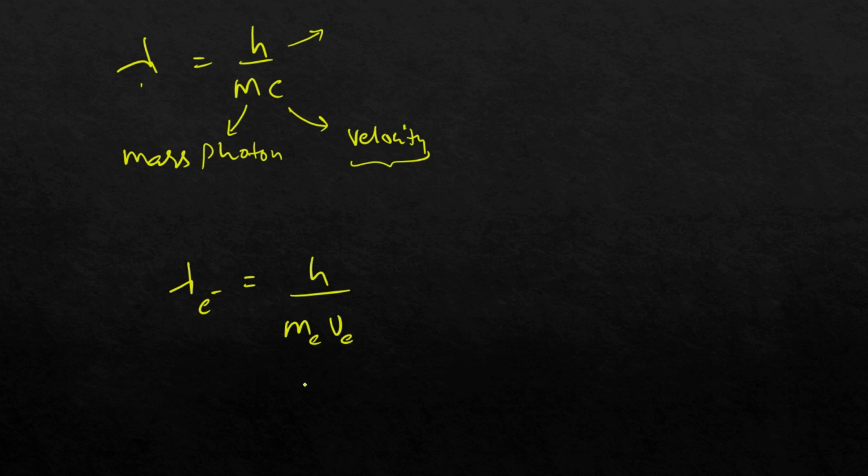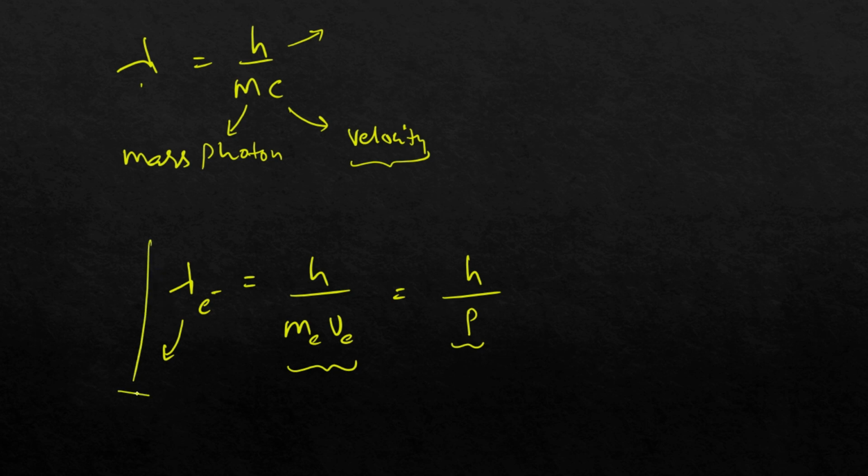This is the wavelength associated with a moving electron present in Bohr's orbit. Here, mv I can write as momentum, h by p. P is the momentum of the electron.